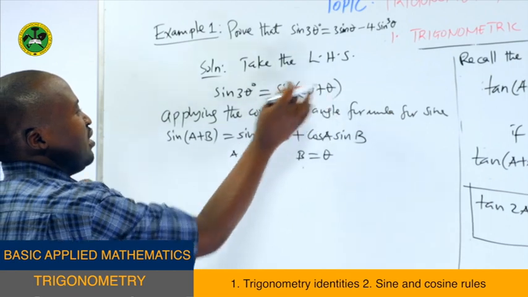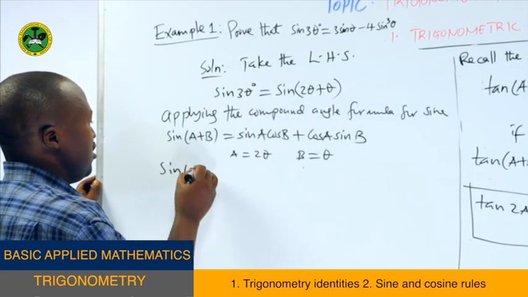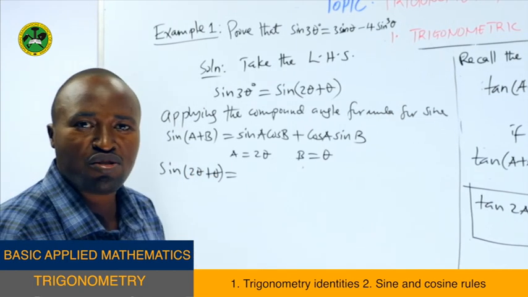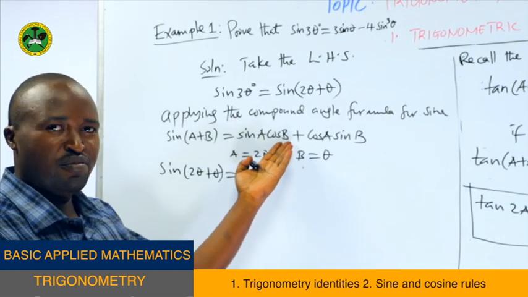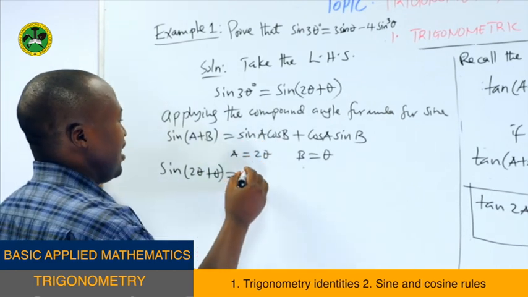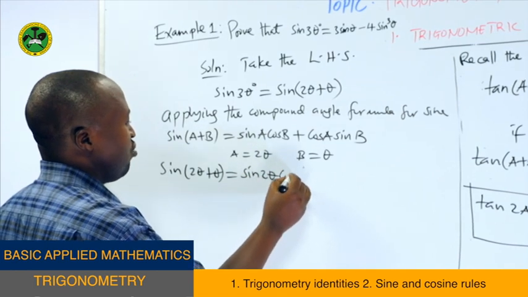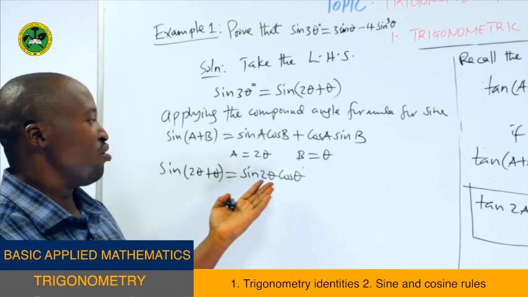Now, let us expand this one. Sine 2 theta plus theta will be equal to, now we have sine A cos B. That is sine 2 theta cos theta. Why?